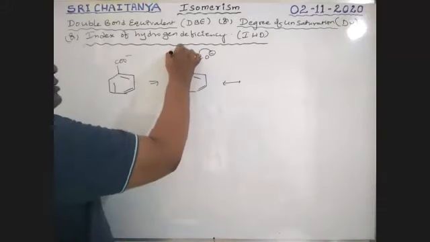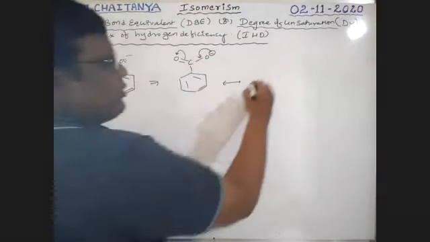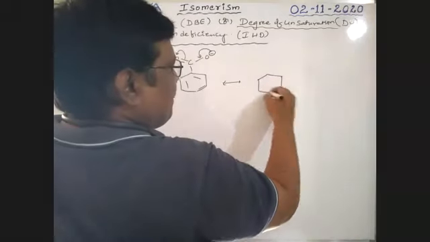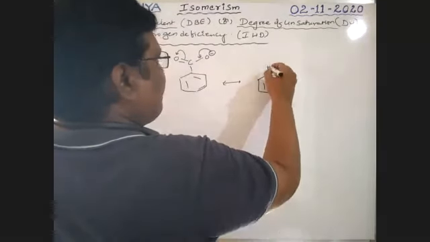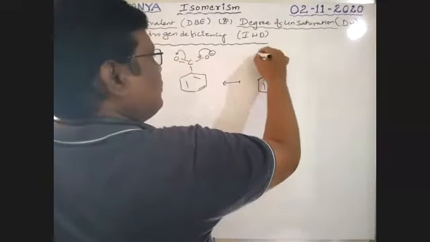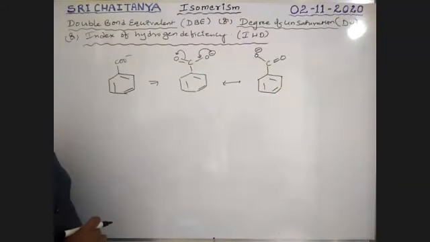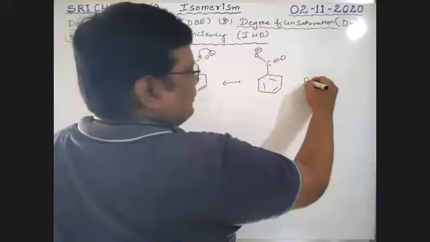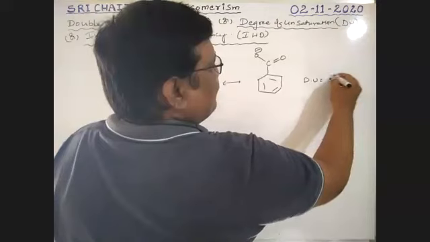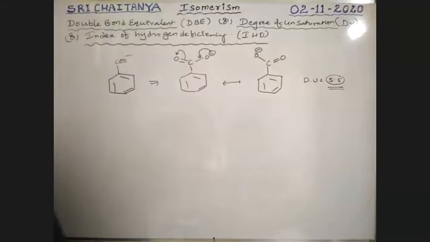So it is going to this one, and that gives C double bond O minus, and C double bond O minus. So its degree of unsaturation is 5.5, boys. How, sir?